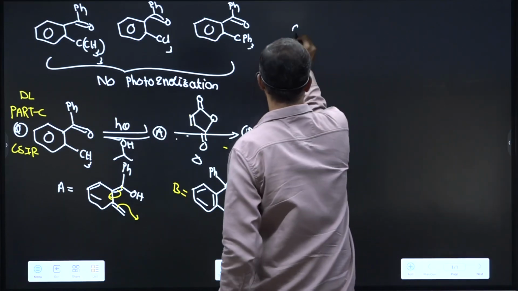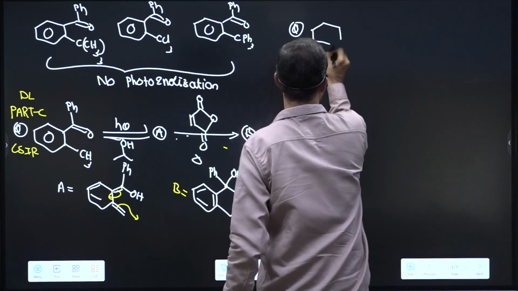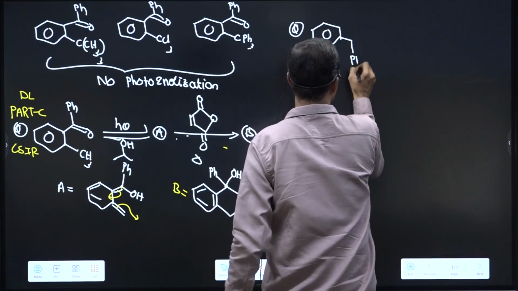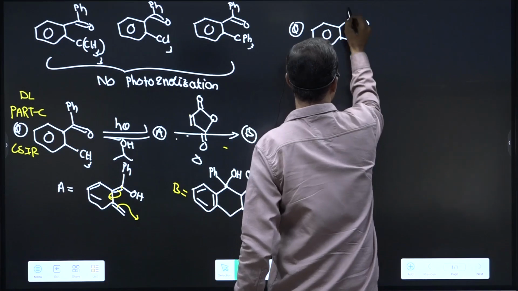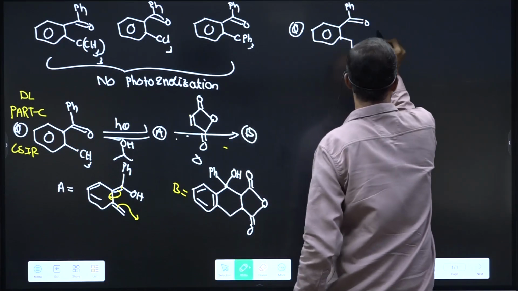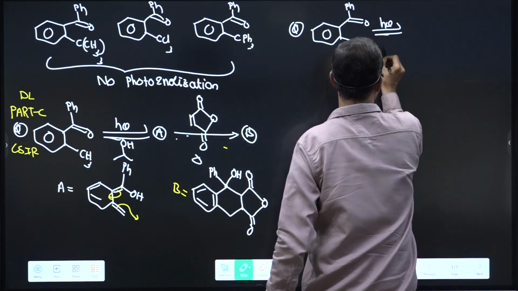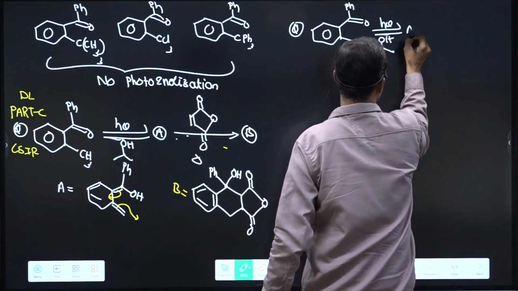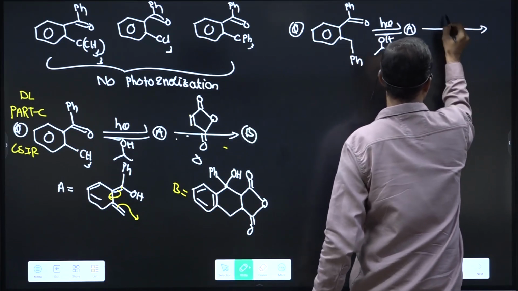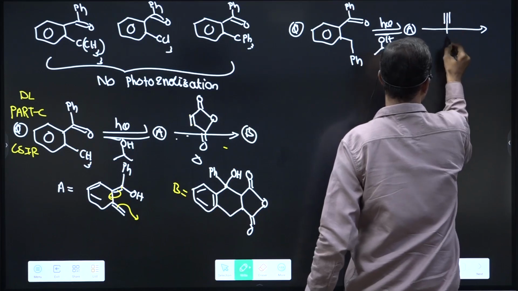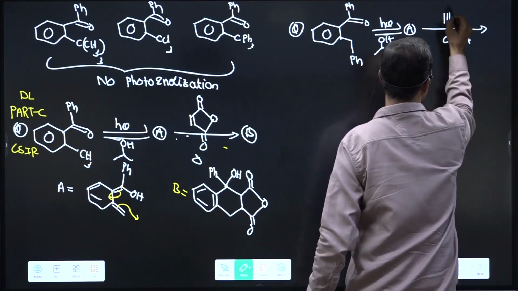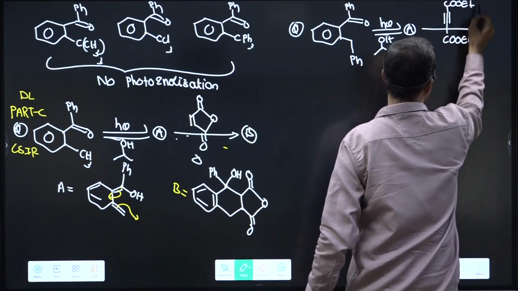So you take down this: here benzene, here carbonyl and this is Ph, I have given. Then photochemically an alcohol is given, this is A. This further reacts with a carbon-carbon triple bond, COOEt, COOEt, thermally.